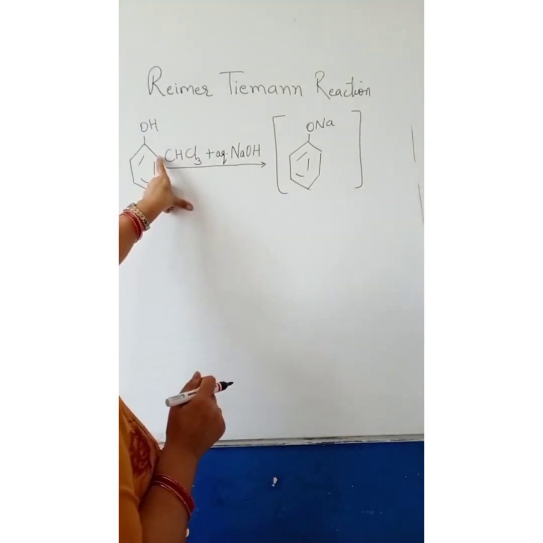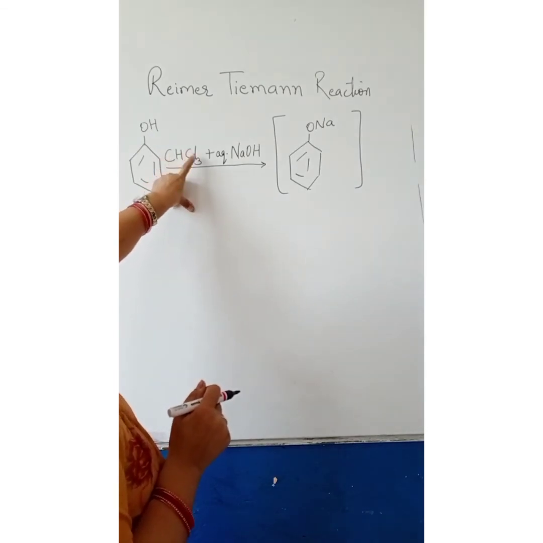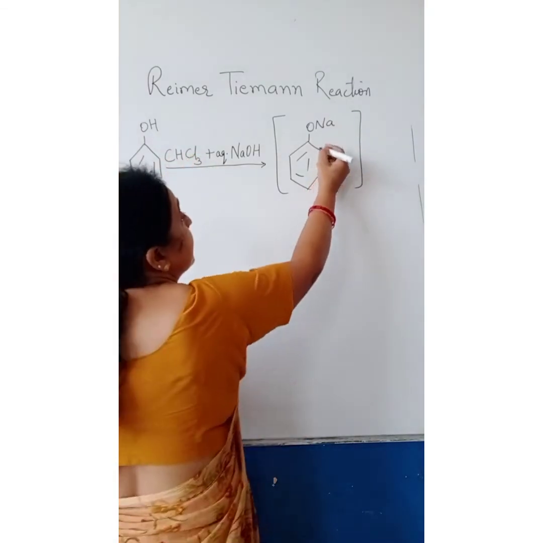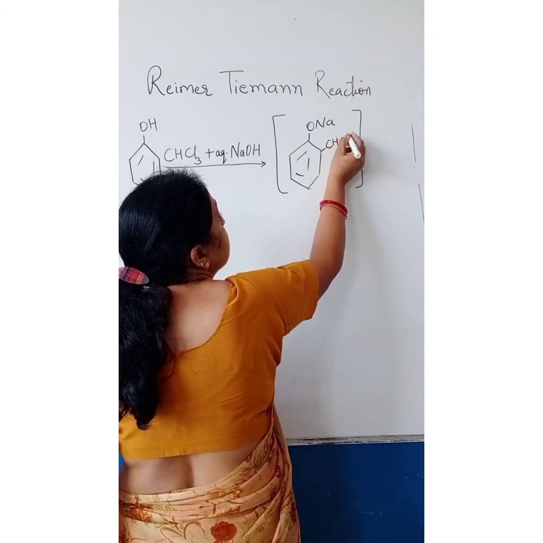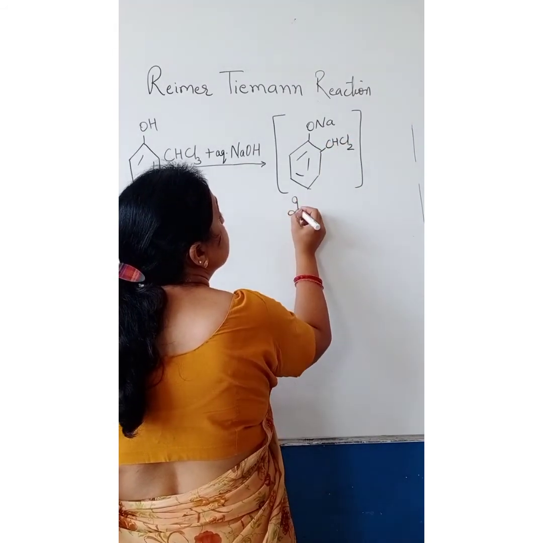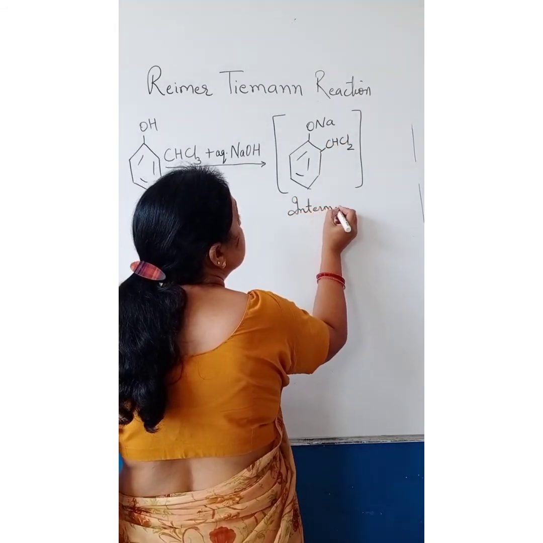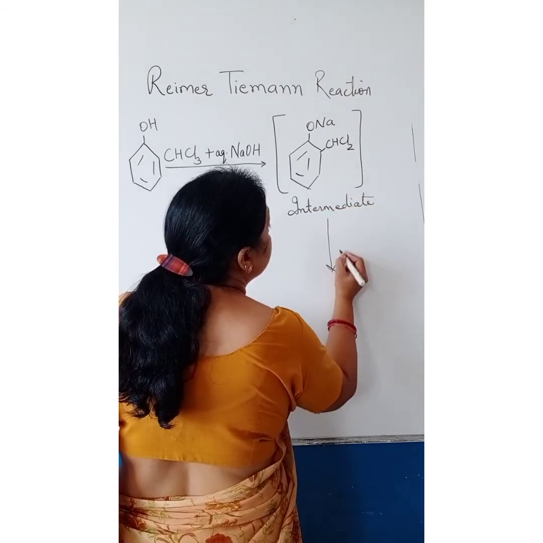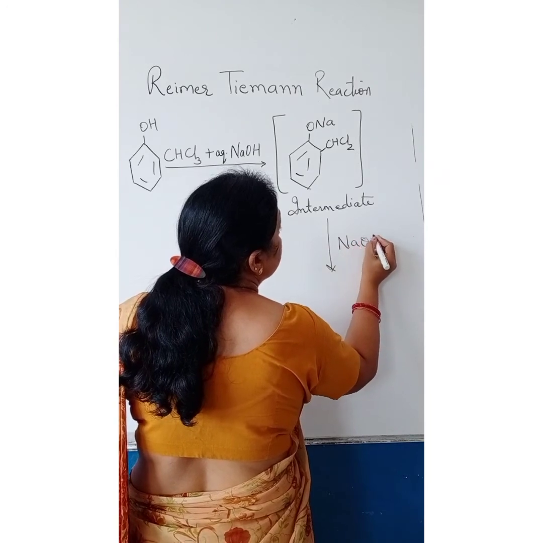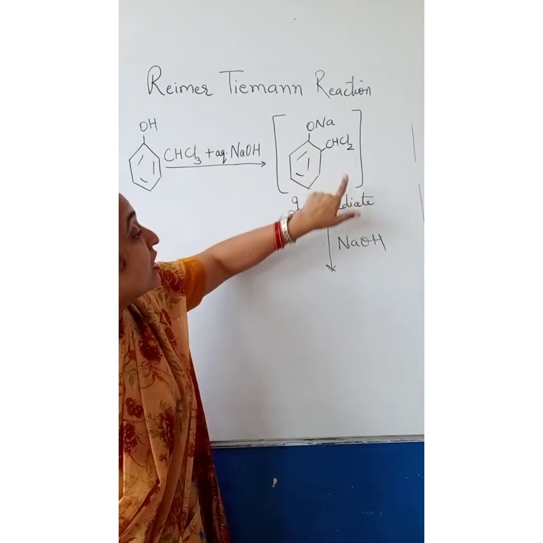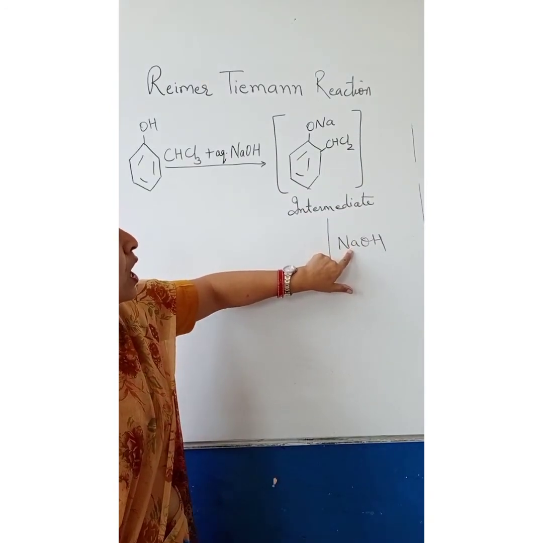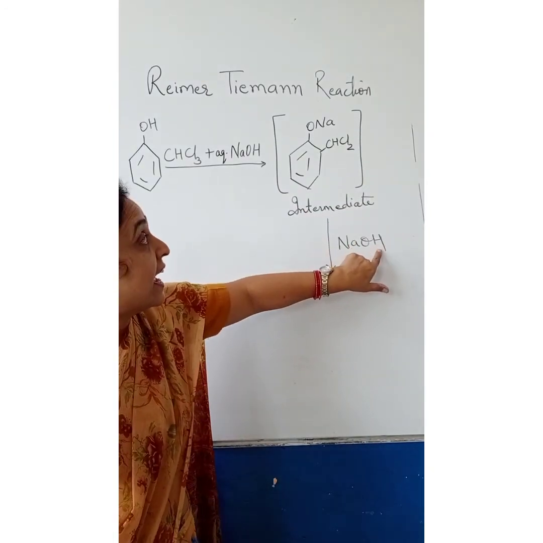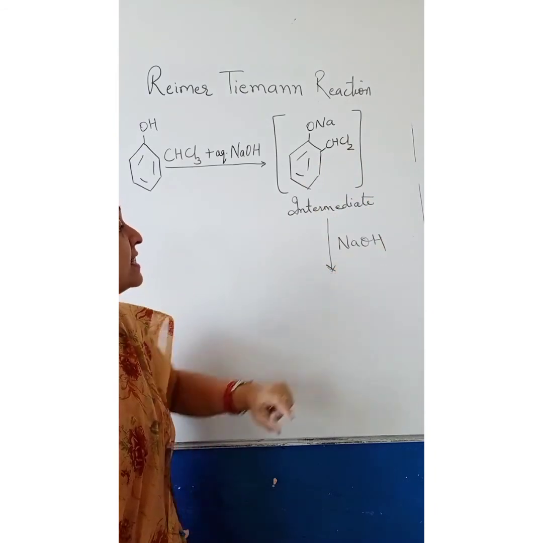From here, one of the hydrogens combines with chlorine and forms HCl, and CHCl2 gets introduced. So this is the intermediate. Now this intermediate is again treated with NaOH. Na and Cl will go as NaCl and H and Cl will go as HCl.